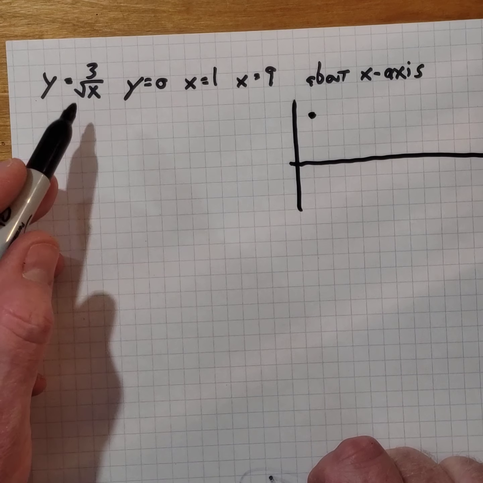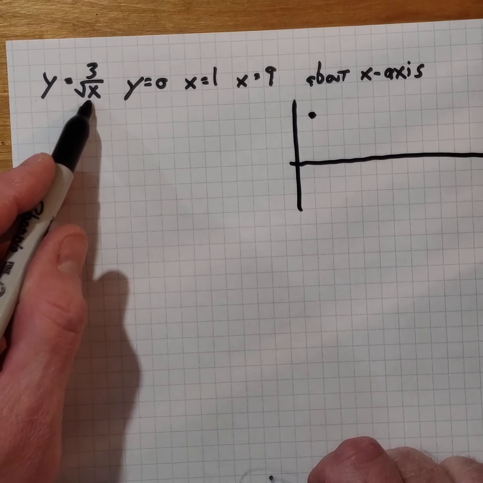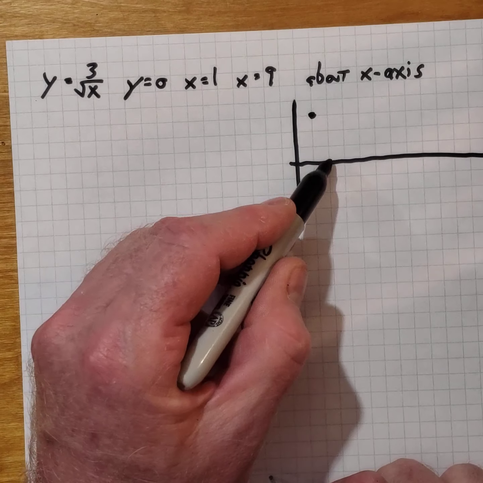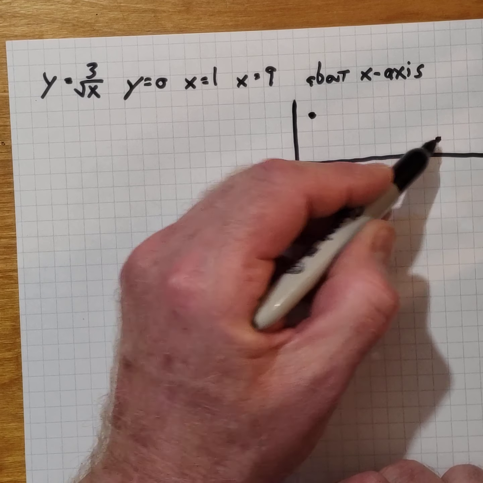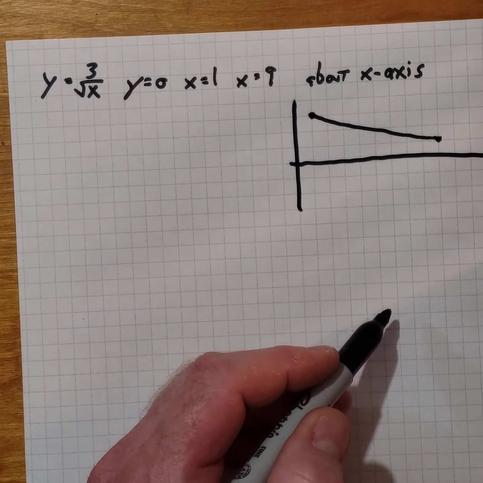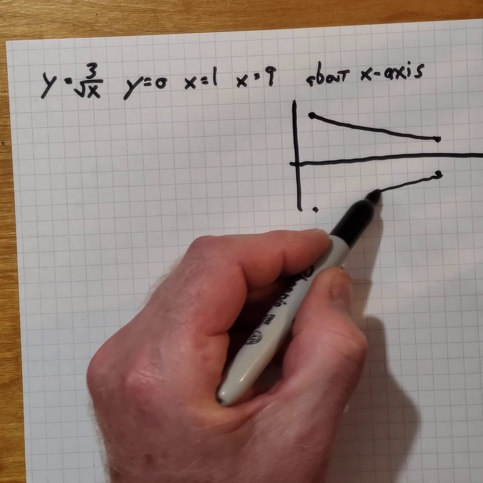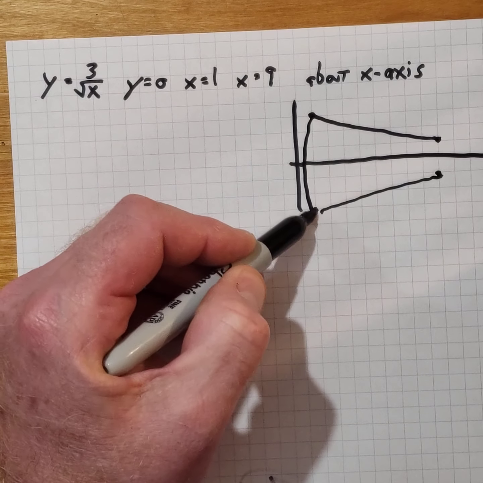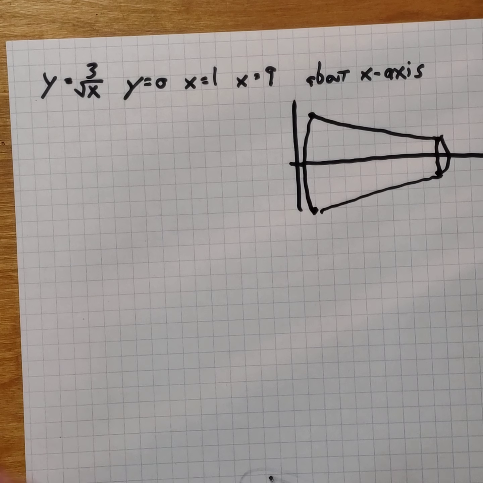As we put larger and larger numbers into here, it's going to get smaller. By the time we get to 9, square root of 9 is 3, 3 over 3 is 1, down there. So it's going to be some sort of a decreasing curve like that. If we rotate that about the x-axis, we're going to get some sort of a sideways volcano-looking thing.